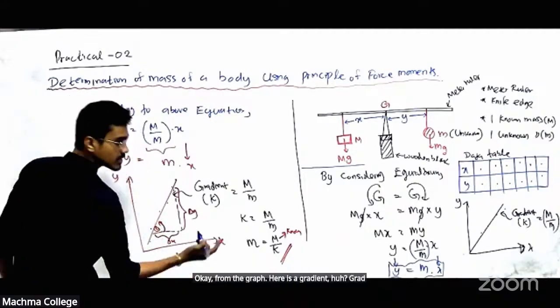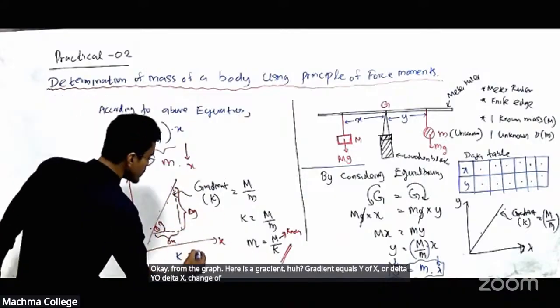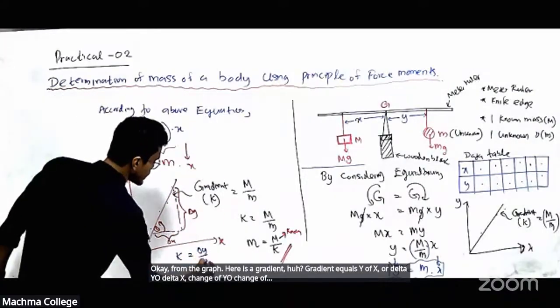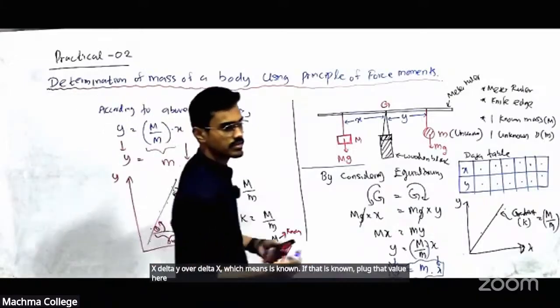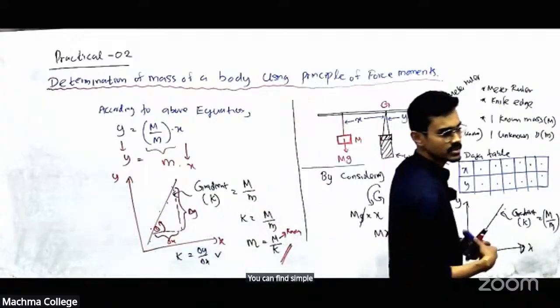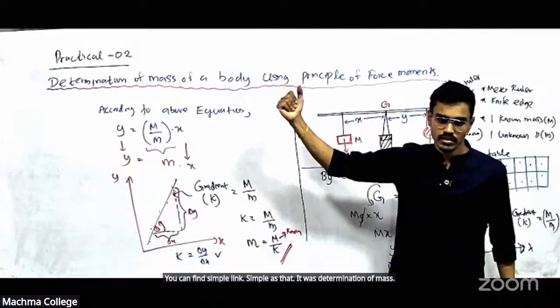Gradient equals change of y over change of x, delta y over delta x, which is known. If that is known, plug that value here, simplify, and we can find simple m. Simple as that. It was determination of mass.